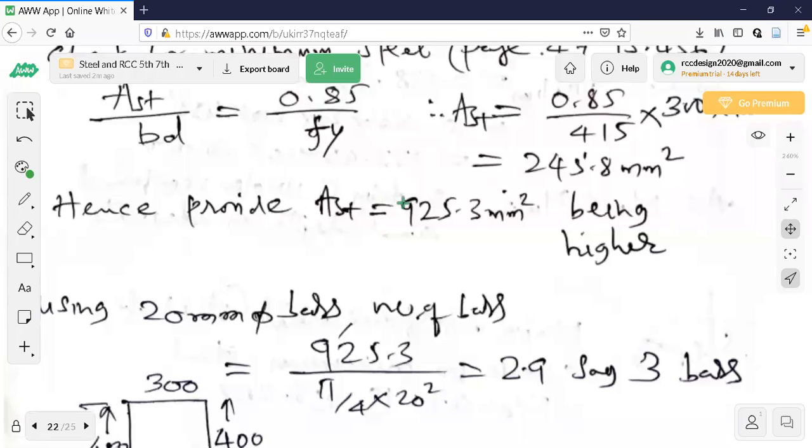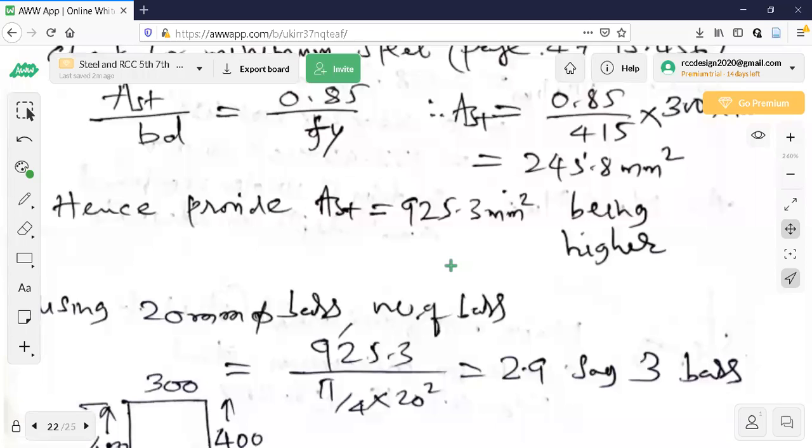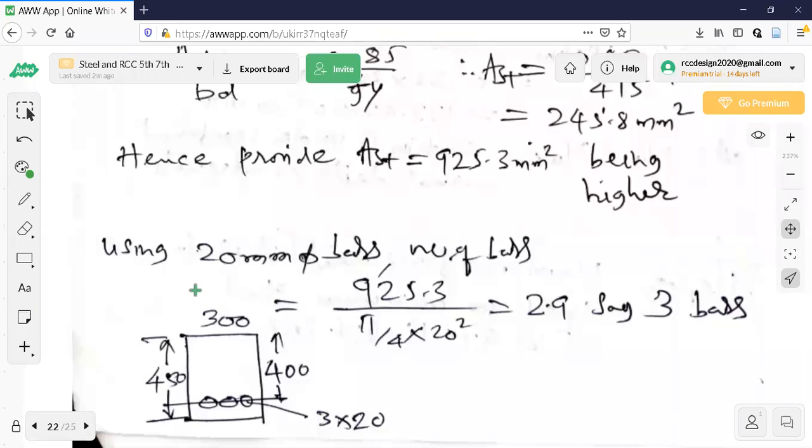But you must see that the area is very close to this, or slightly more. Exactly you will not get it, because you get only the areas of the available diameters.